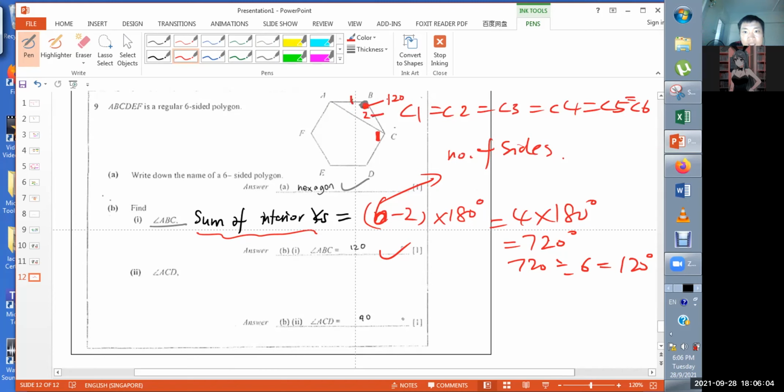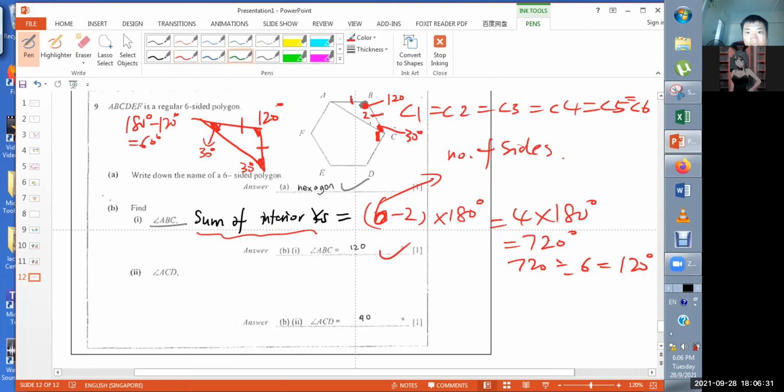That means you are trying to say this is an isosceles triangle, right? So if this is 120 and it is an isosceles triangle, that means these two are equal. So 180 minus 120 is 60. 60 divided by 2, so this is 30. This is also 30.